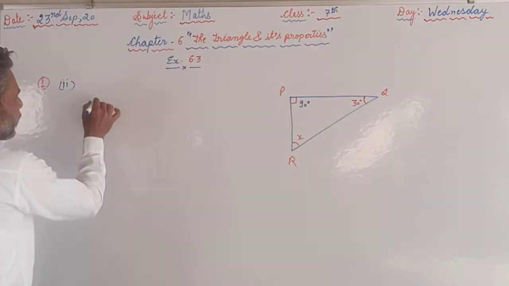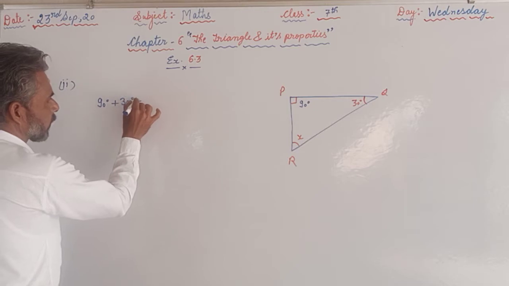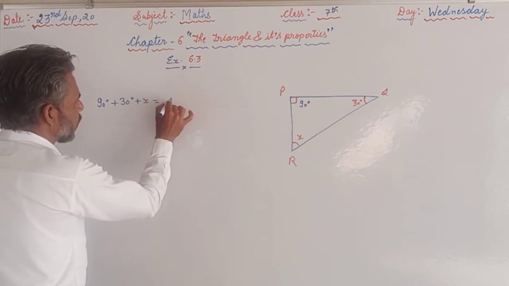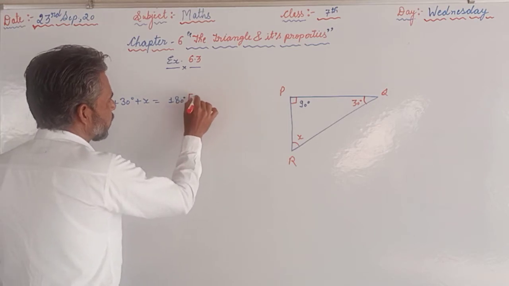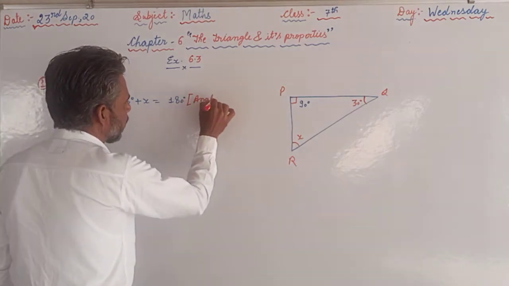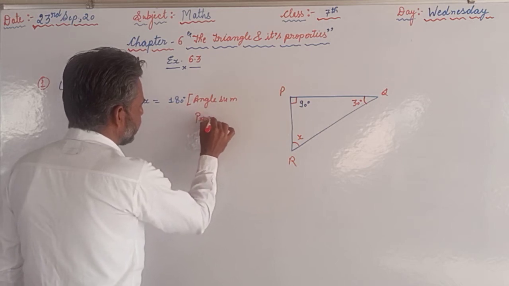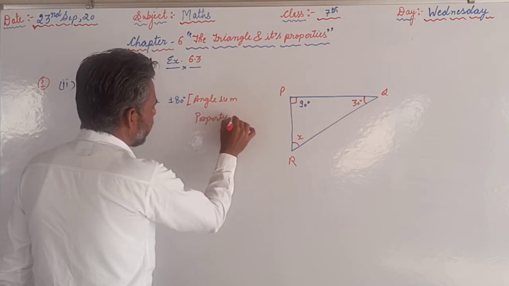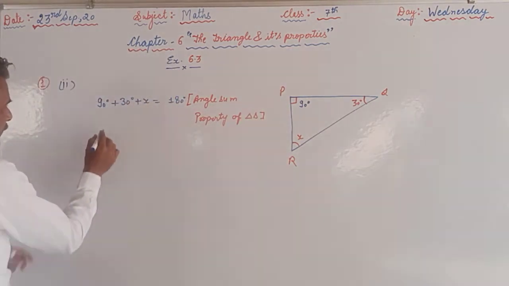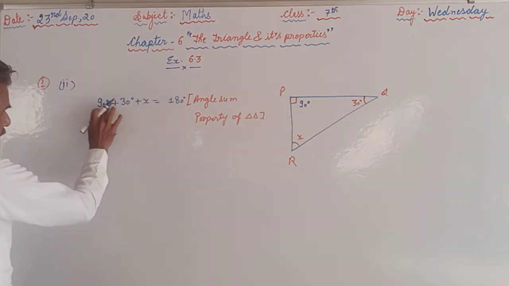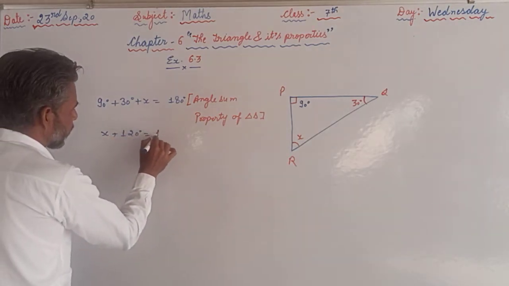Again we are supposed to write 90 degree plus 30 degree plus x is equal to 180. Again the same thing we are supposed to write, angle sum property of triangles. Again x plus 90 plus 30, that is 120 degree, is equal to 180 degree.